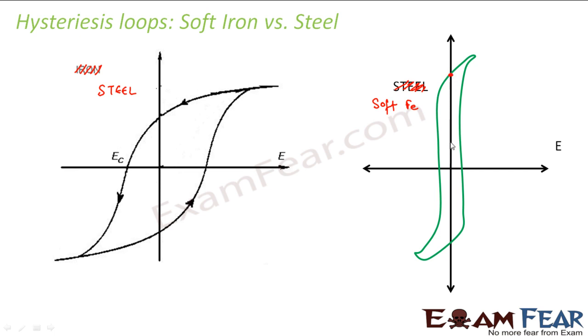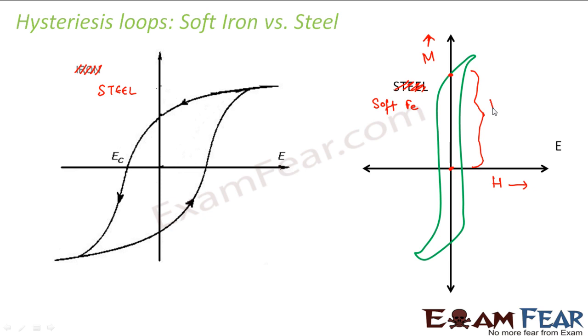Retentivity corresponds to that value of magnetization, here on the y-axis, for which the corresponding value of magnetic intensity is 0. So when magnetic intensity is 0, the value of magnetization is this. This is your value of retentivity.